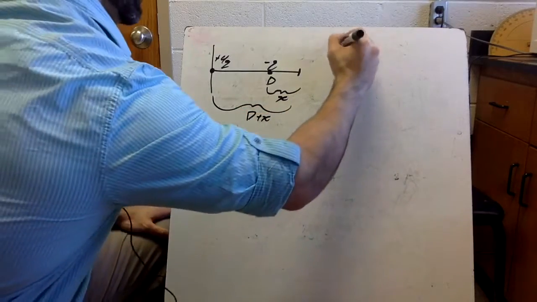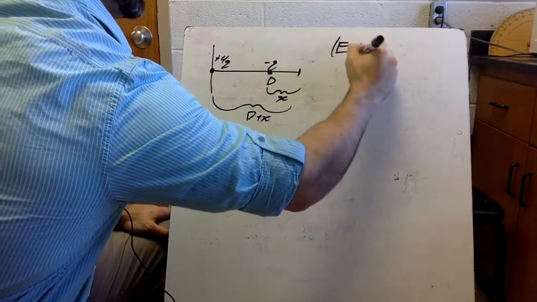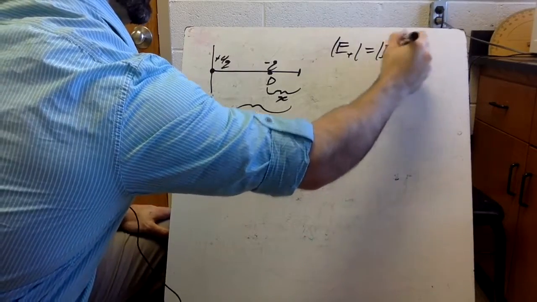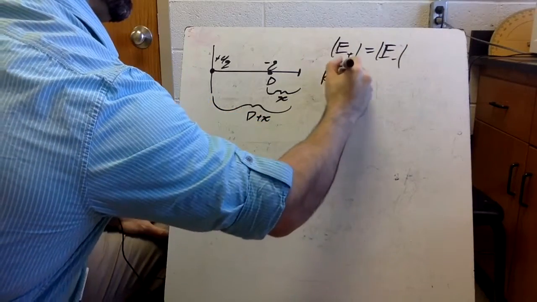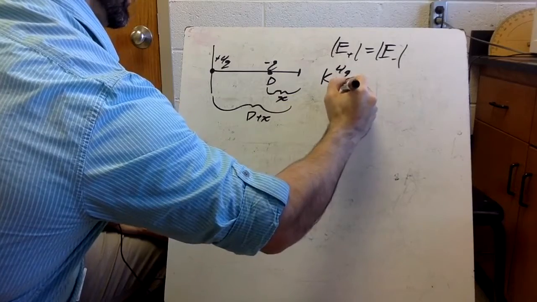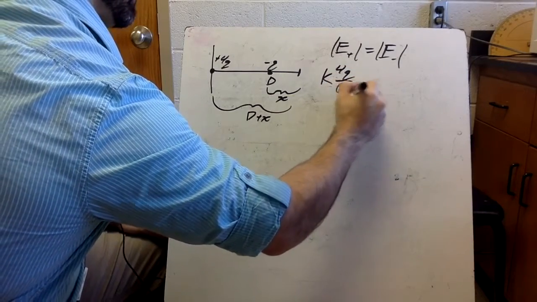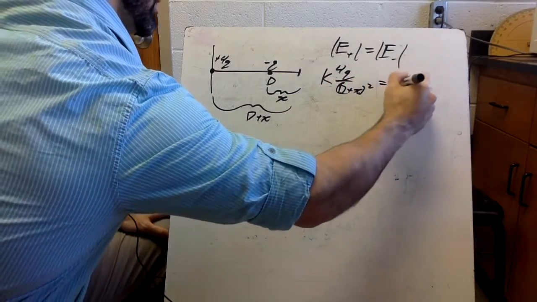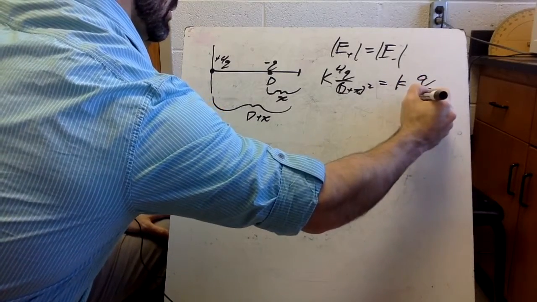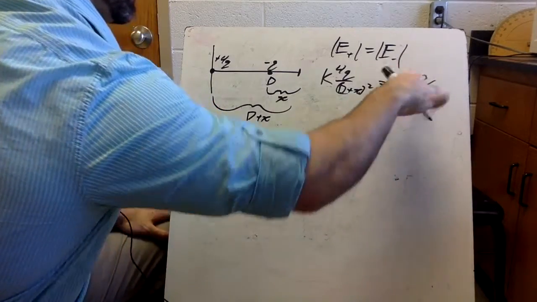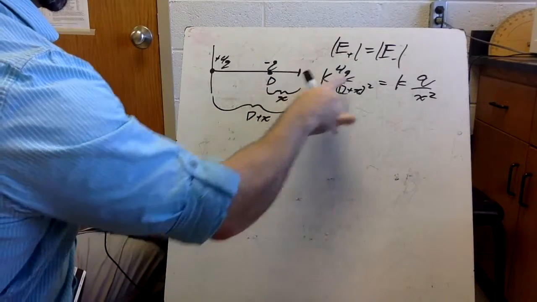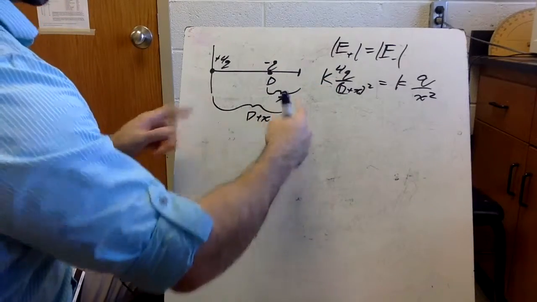And we're going to do the same thing. The electric field from the positive is going to be equal to the electric field from the negative, right? So this is k 4q over d plus x squared is equal to k q over just x squared, right? This negative Q, that's just the distance x. For this one, that's the distance.